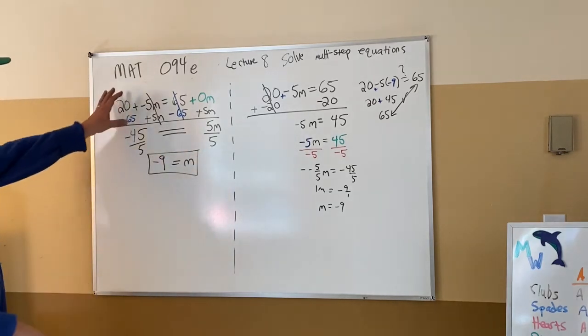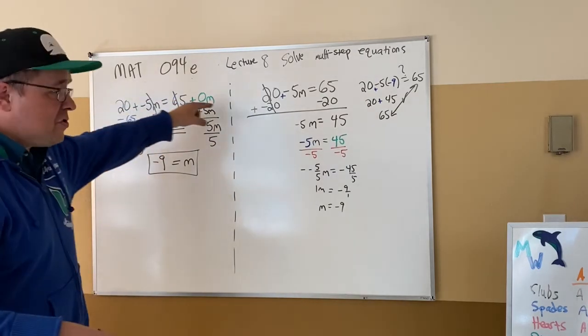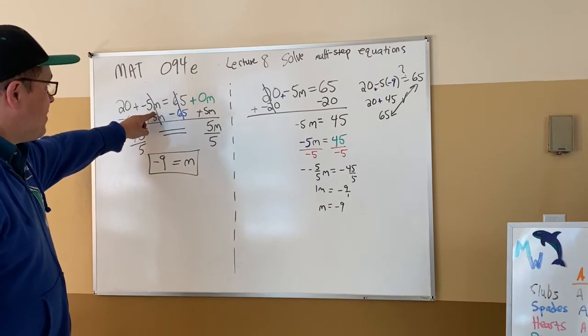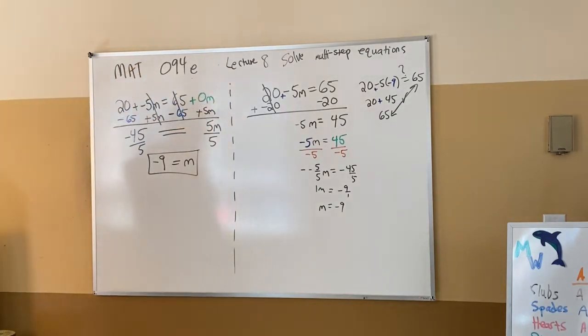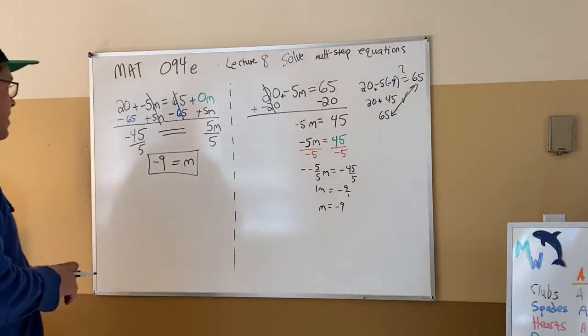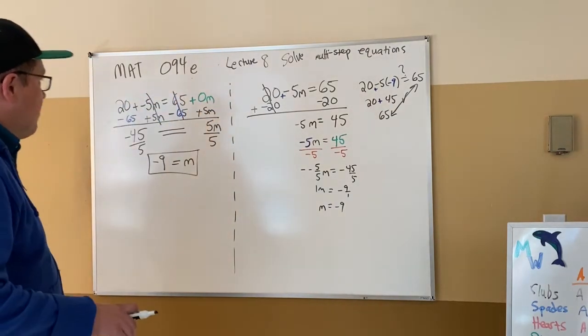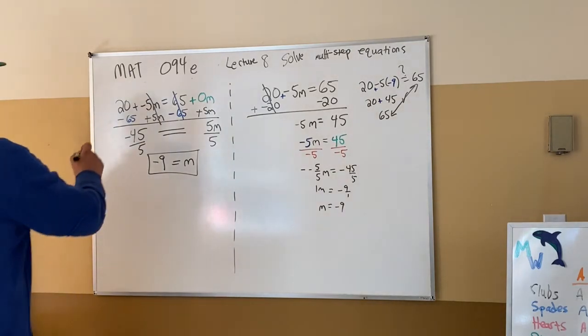You don't have to do it in 2 different lines when you've got that perfect, what I call a full house. Full house is it's got a number and an m term on that side, a number and an m term on that side, even if you have to put a 0m, or a number of 0 there to get it going. Then make sure that your m has a positive coefficient. So as necessary, I chose to add 5m as well as to add negative 65 to both sides.